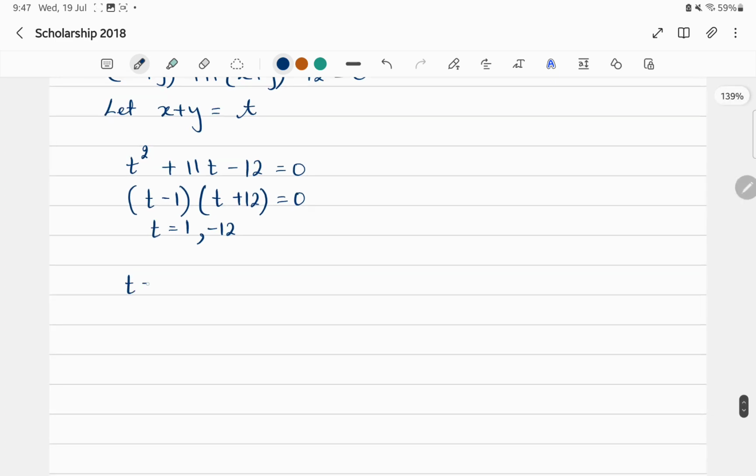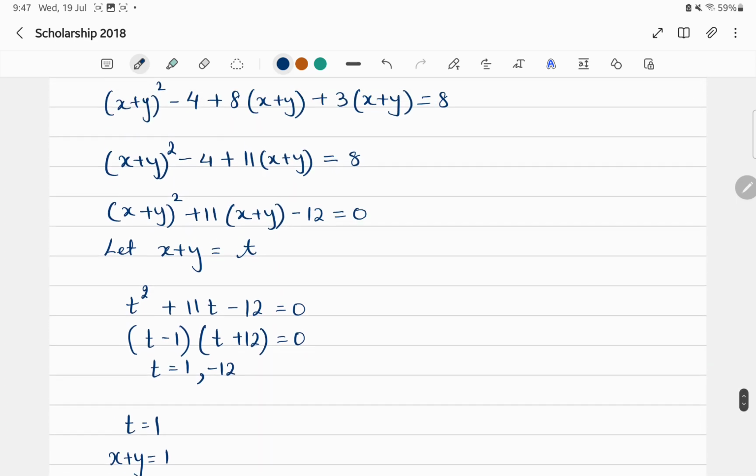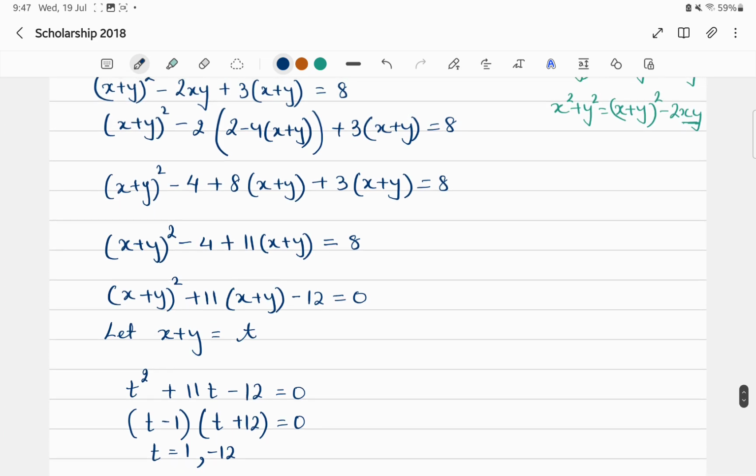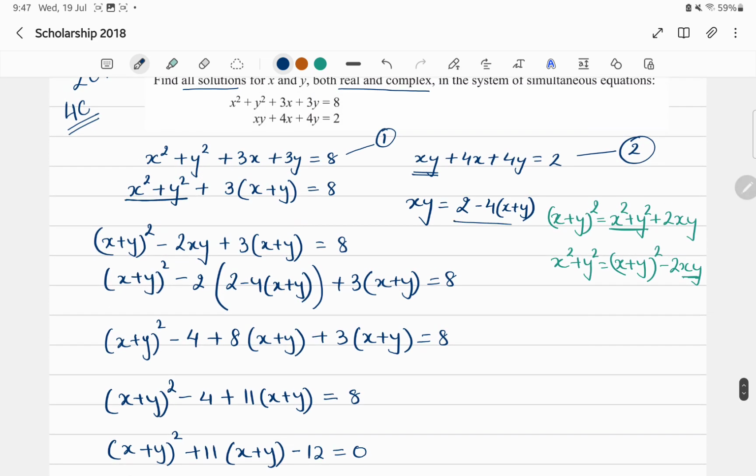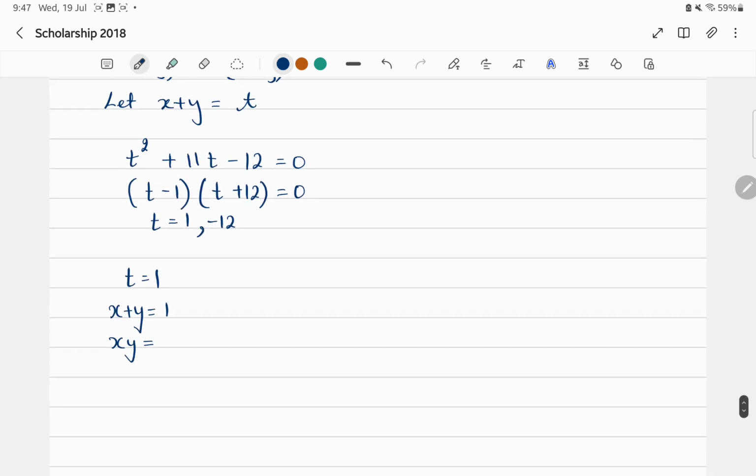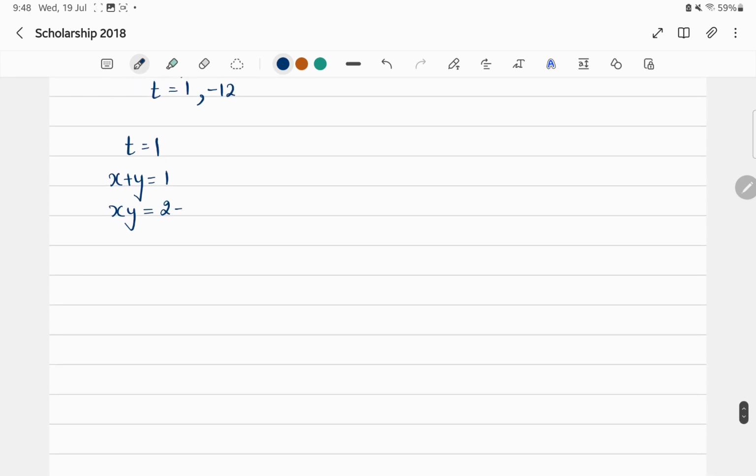If t equals 1, x plus y equals 1. From here we don't have anything more, but if we find x times y, we can find what the combination could possibly be. So xy was equal to 2 minus 4(x plus y). If we substitute here, that gives us 2 minus 4 times 1, which is minus 2.